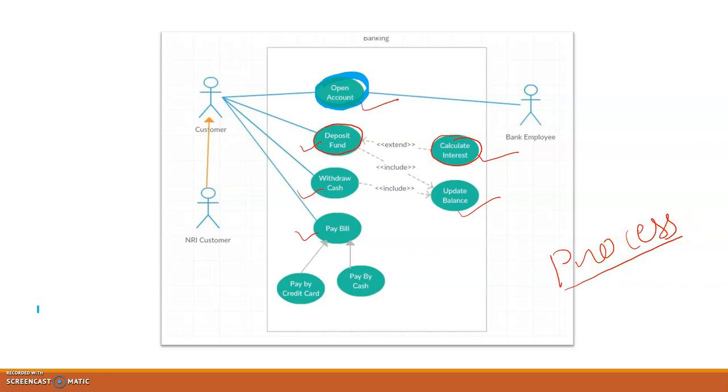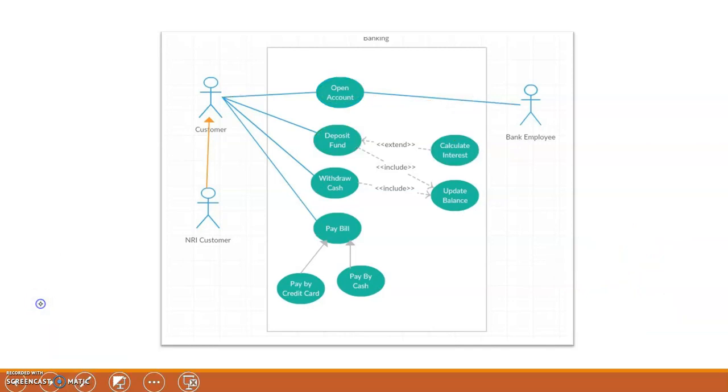And then a single solid line shows the relationship between the process and the actor. So this is the line. The first line shows that a customer is an actor, right?